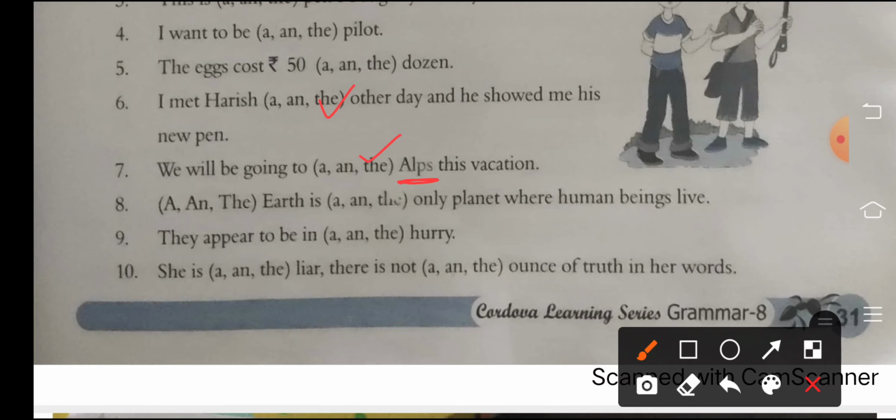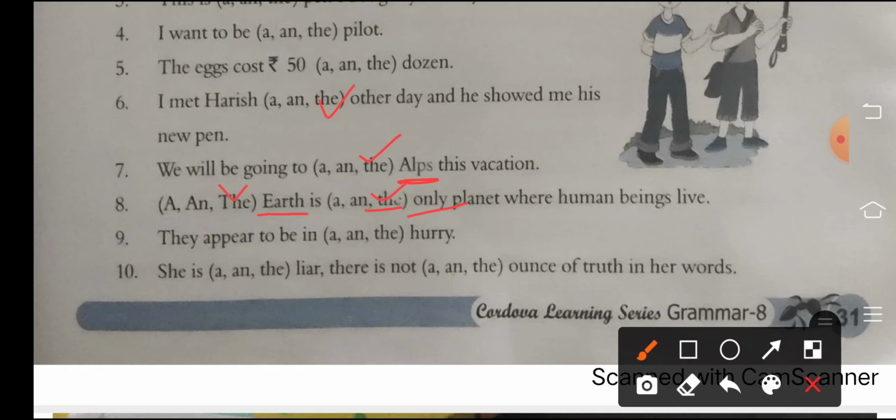Next is an or the: dash Earth is the only planet where human beings live. So what is that? The Earth, because it is a common noun which is unique. So here we have to use the definite article. Is it the only planet or an only planet? It is the Earth is the only planet, right?